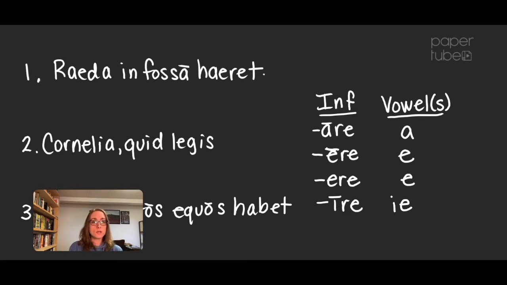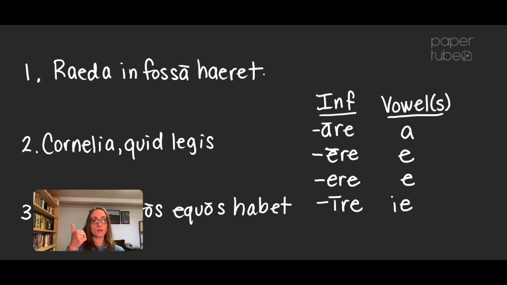So that's our little key to what vowel comes before the imperfect ending. Let's begin with number 1 and use our chart here to tell us what vowel to put before the correct ending. So here are our steps. We find the verb.